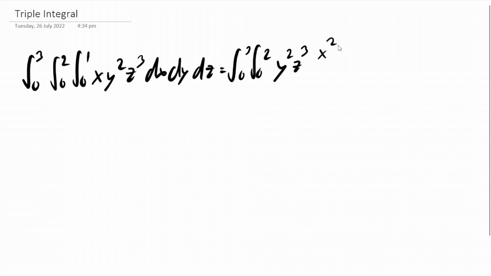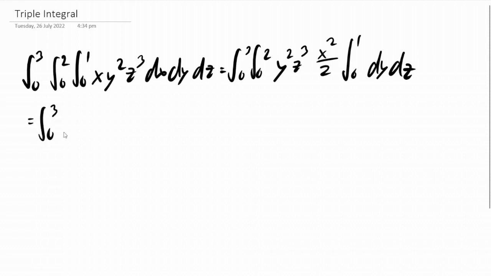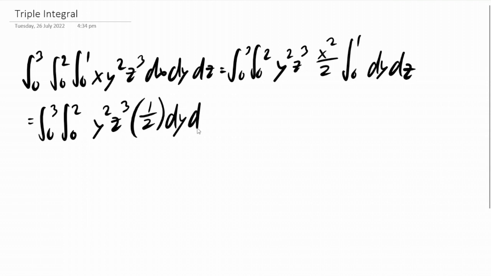The integral of x is x squared over 2 with limits from 0 to 1, dy dz. So equals to 0 to 3, 0 to 2, y squared z cubed. Substitute 0 and 1 to x squared over 2, that is just 1/2 dy dz.